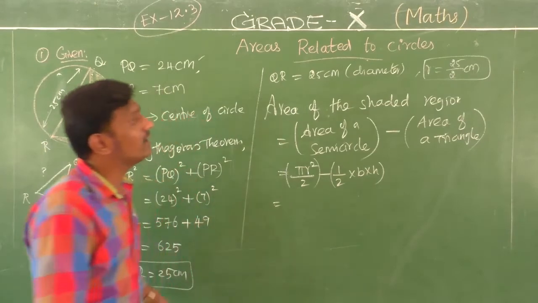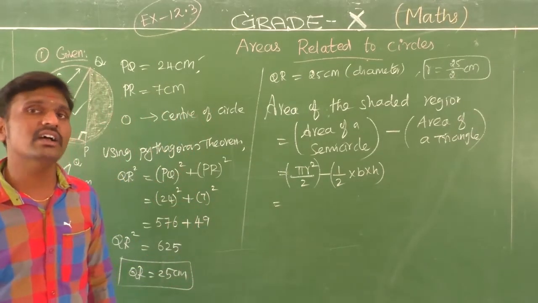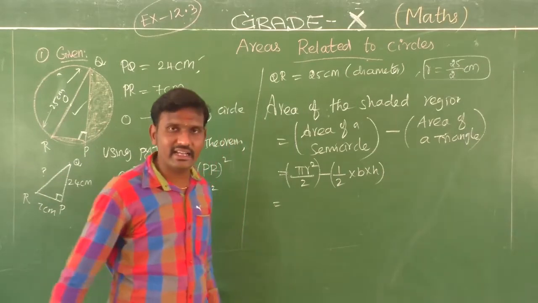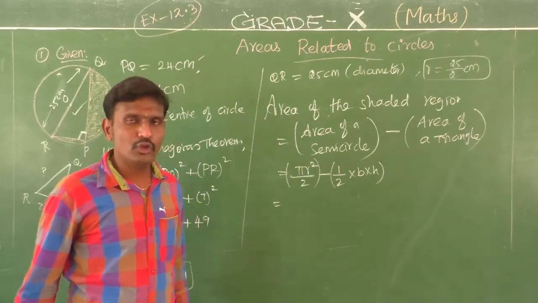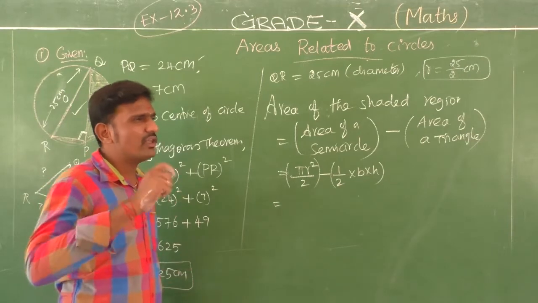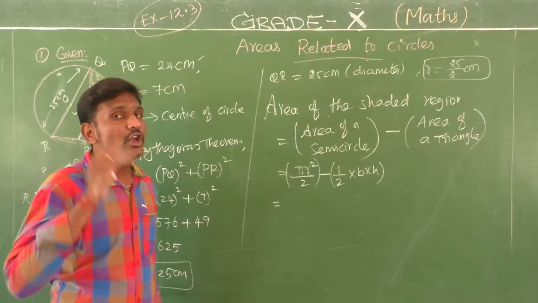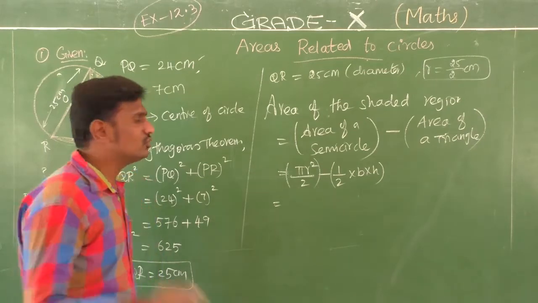And you have the value of the radius as 25 by 2. Now I am going to substitute, and before that I am going to use the value of pi as 22 by 7. In some questions they give you pi equal to 3.14; otherwise use pi equal to 22 by 7. Yes, students? Okay.